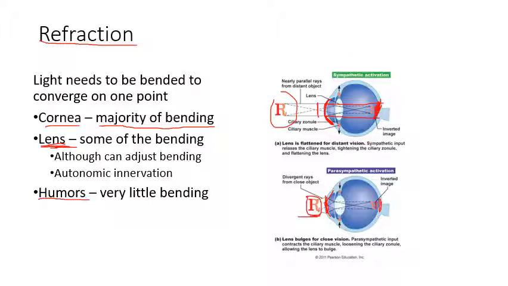Because the lens, if you remember the ciliary body here, that muscle, and these little suspensory ligaments connecting to the lens, we can either stretch the lens out, or it can be more round, bubblegum shape. This would bend the light less, this would bend it, refract it more.